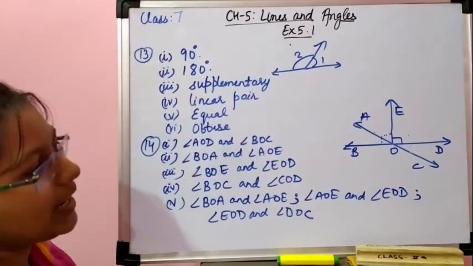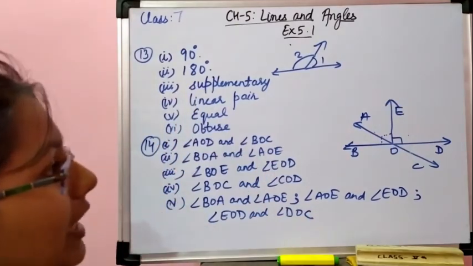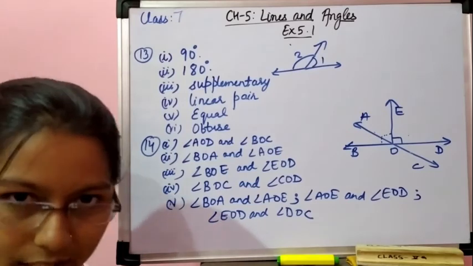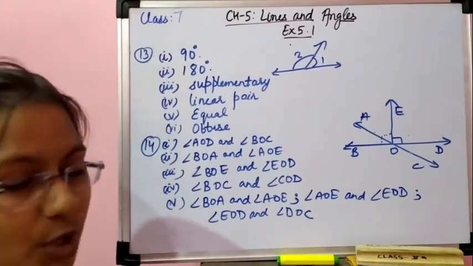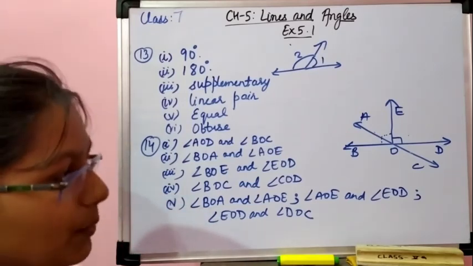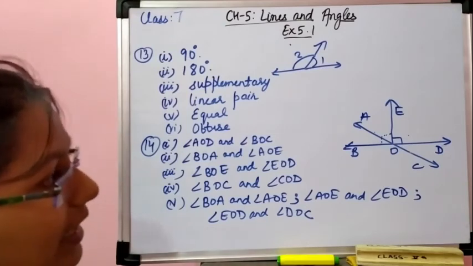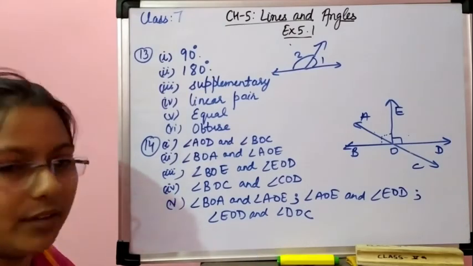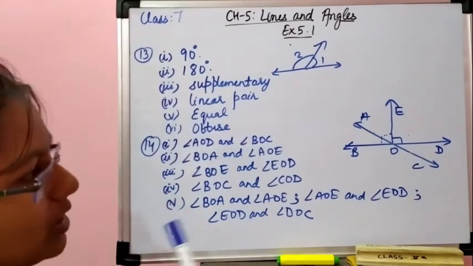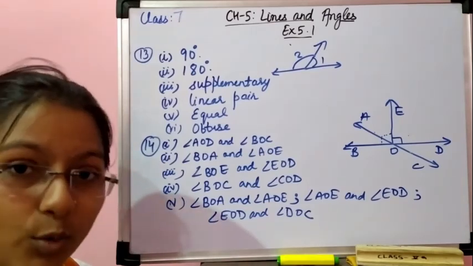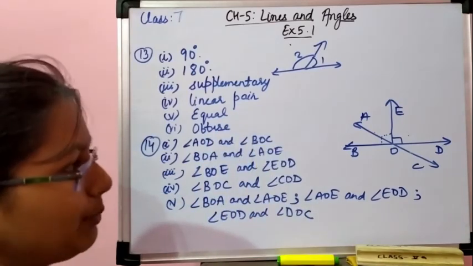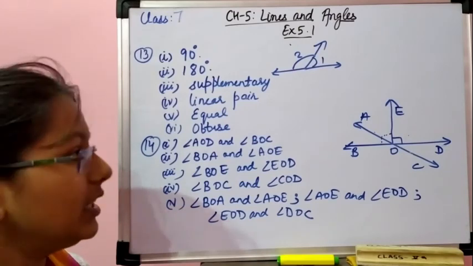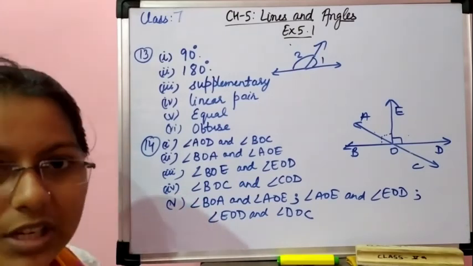So in this way I hope you all have understood the concepts of linear pair, adjacent angles, supplementary angles and complementary angles. You can solve examples related to these questions, and you can solve some more questions of such type so that it will help in understanding the questions in a better way.